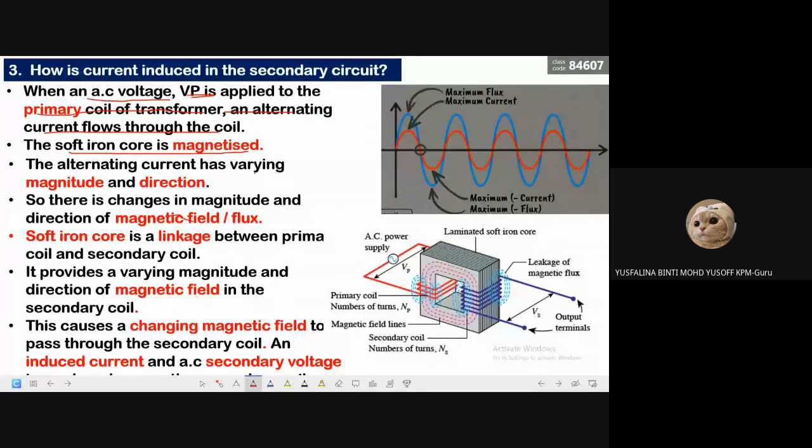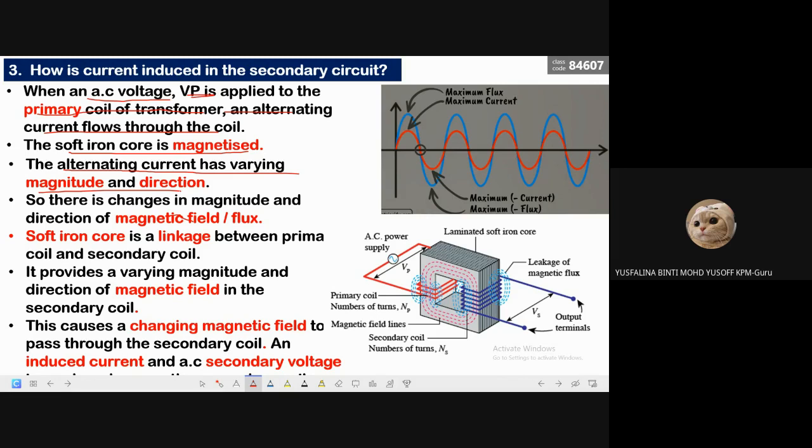A solenoid is a conductor, so it will produce a magnetic field. That also happens to the soft iron core because it's a metal. When you flow the electric current there, it will produce a magnetic field. So the core is magnetized. The alternating current has varying magnitude and direction.